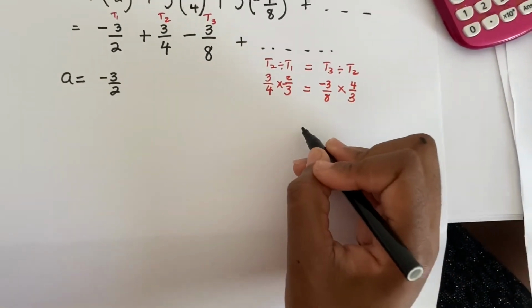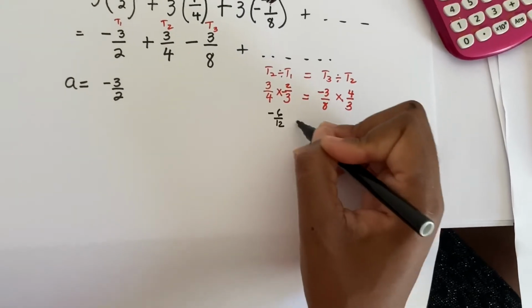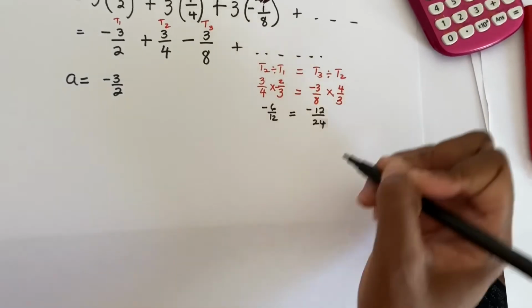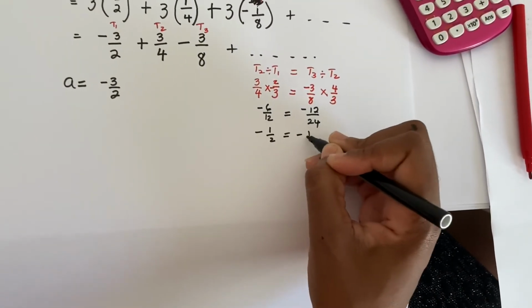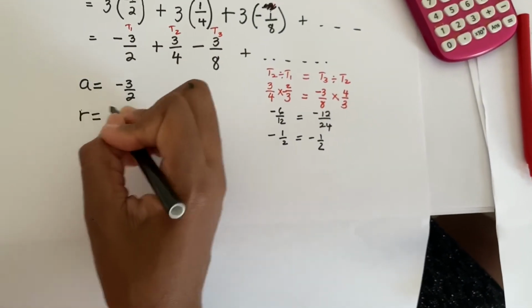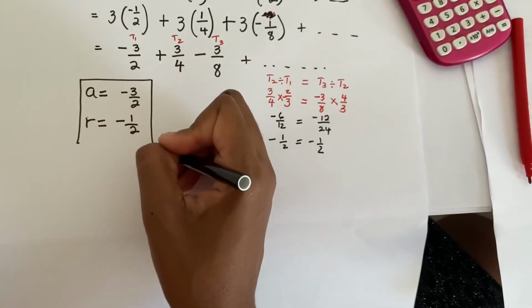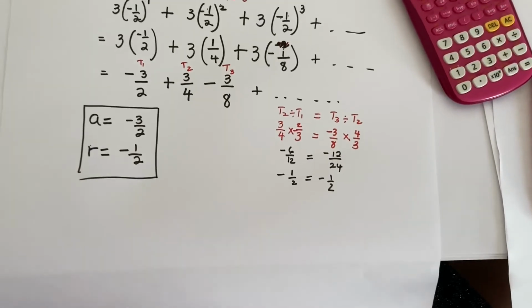This is -6 over 12, and this is -12 over 24. That is -1/2, equal to -1/2. So the common ratio is -1/2. Please take note, it doesn't mean the common ratio is always 1/2. No, it's just a coincidence.